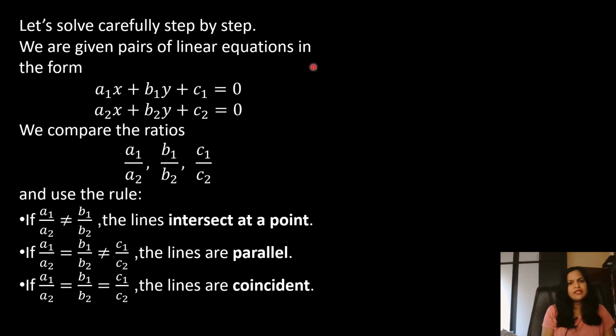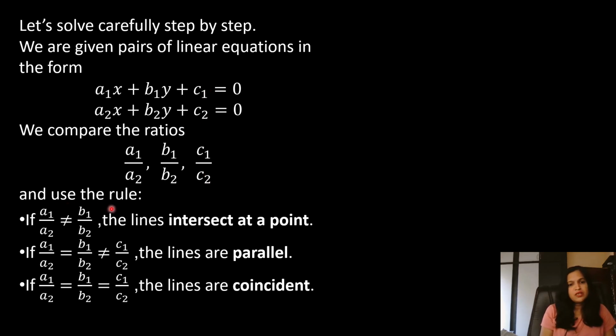We are given a pair of linear equations in the form a1x plus b1y plus c1 equal to 0 and a2x plus b2y plus c2 equal to 0. We compare the ratios a1 by a2, b1 by b2 and c1 by c2.